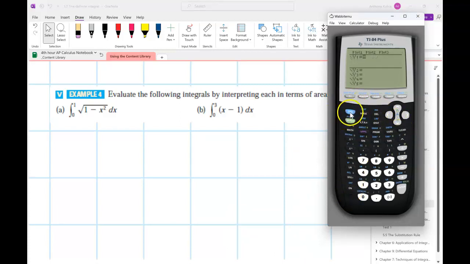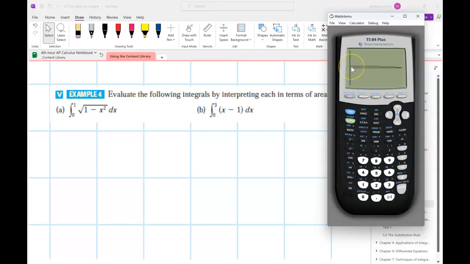So I'll go to my y equals square root of 1 minus x squared, and I'll change my window from 0 to 1. And we were probably set at negative 10 to 10 before, so I'm just going to leave it set there. And I'm going to graph. See what I got.